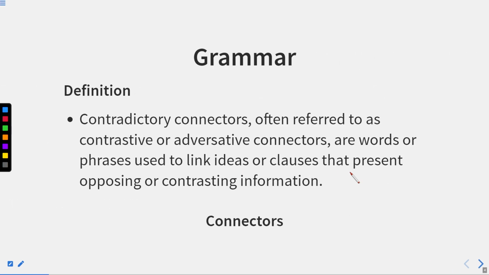Now, first of all, let us discuss the definition of contradictory connectors. Contradictory connectors are often referred to as contrastive or adversative connectors. Contrastive refers to when something shows the opposite of something.